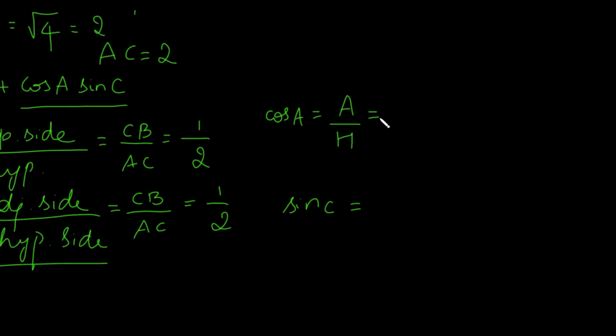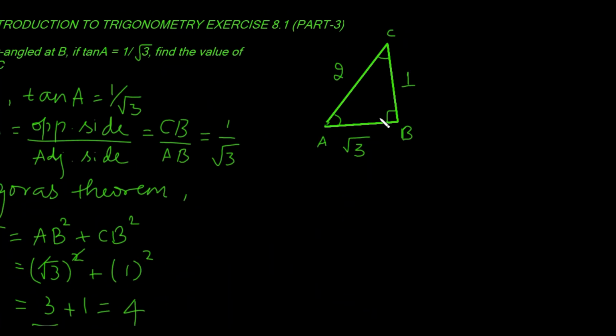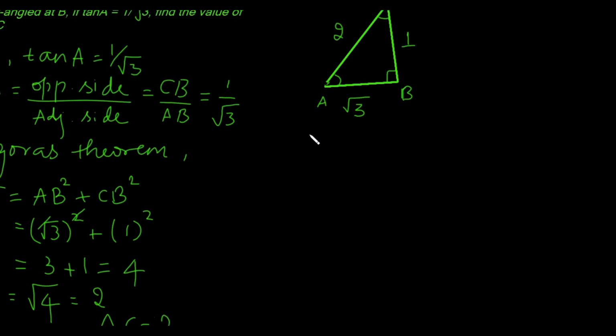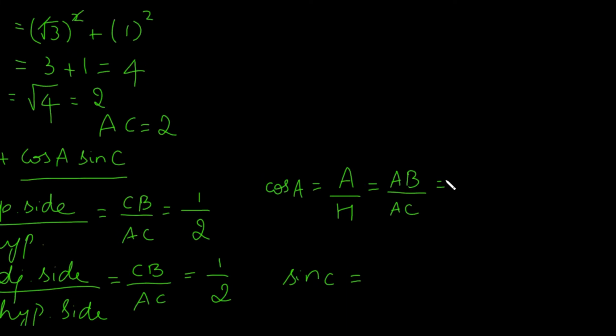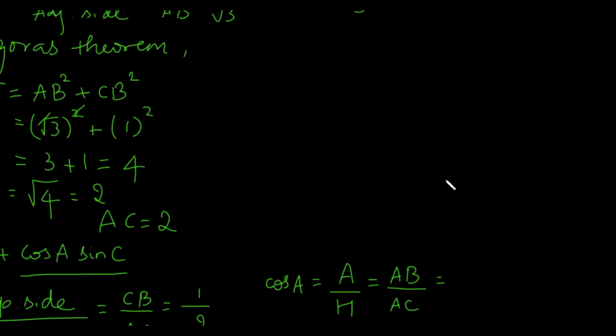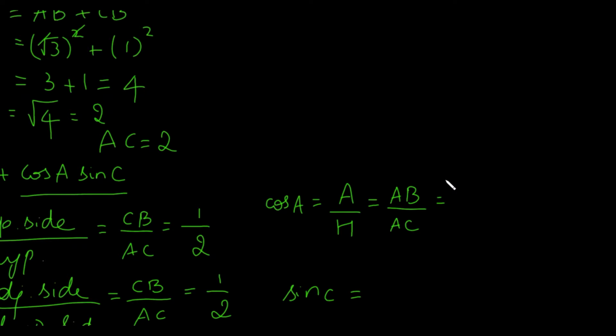So the adjacent side in our figure for cos A is AB divided by the hypotenuse side, that is AC. So it's going to be AB divided by AC. The value of AC, as we know, is 2, and AB is 1.